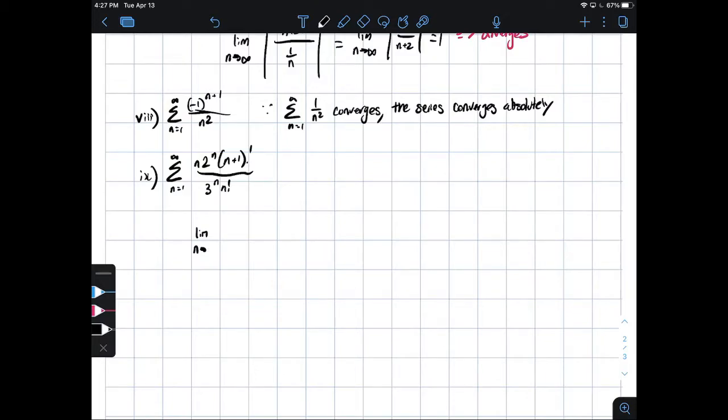We do the n plus 1 term over the nth term. So we're going to do n plus 1, 2 to the n plus 1, then an n plus 2 factorial, all over 3 to the n plus 1, n plus 1 factorial.